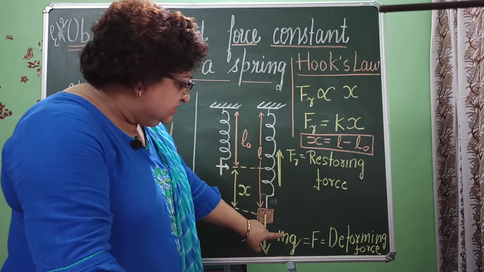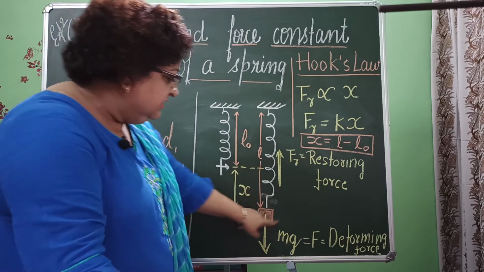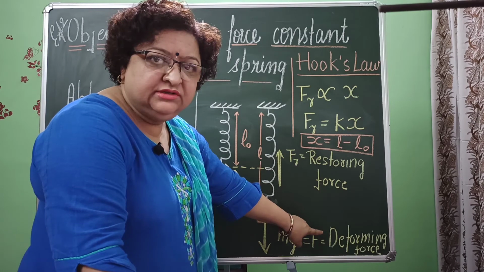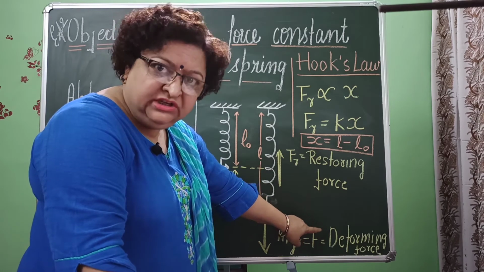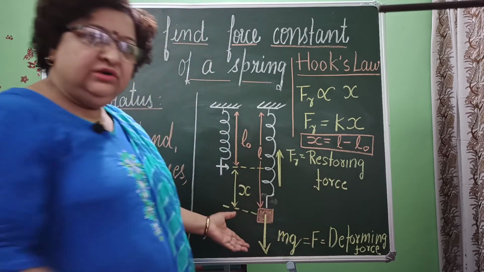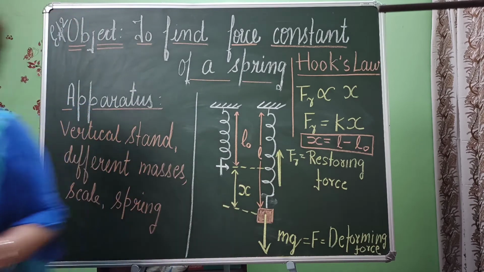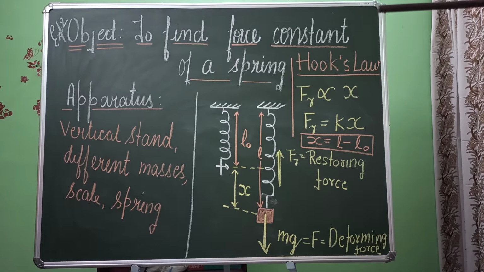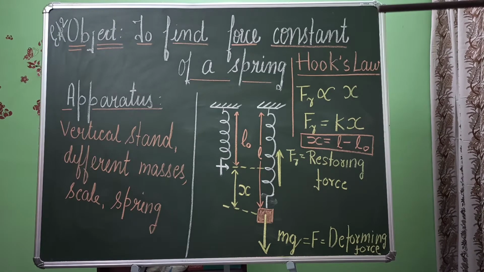The force exerted by the weight is called deforming force. I hope you are noting it down. The force exerted by the weight is called, yes, it is called deforming force.